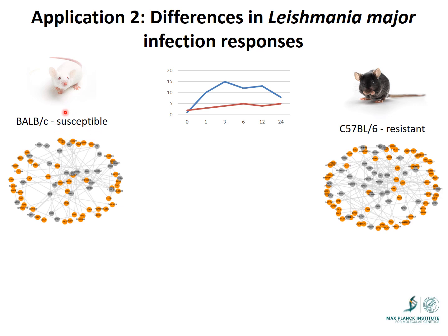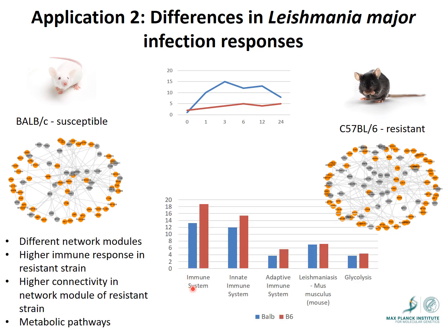And what we see is we can derive different network modules for the susceptible and the resistant strain. We see that the immune response, for example, is much higher in the resistant strain, and we derive different metabolic pathways, which we can also discuss at the poster.